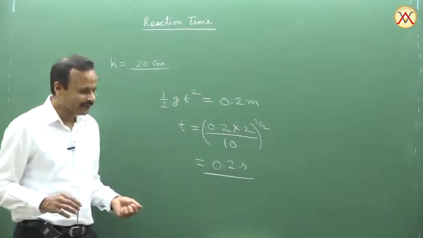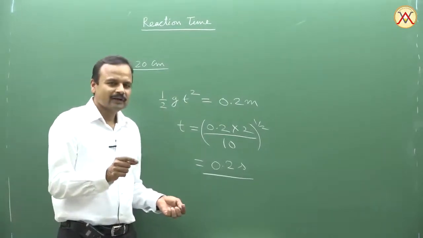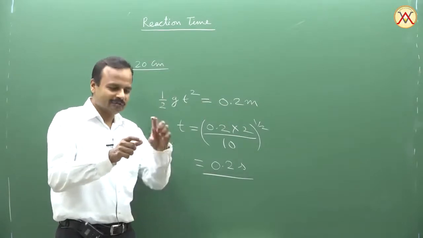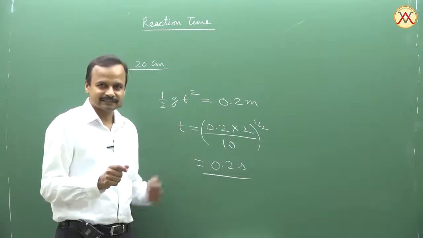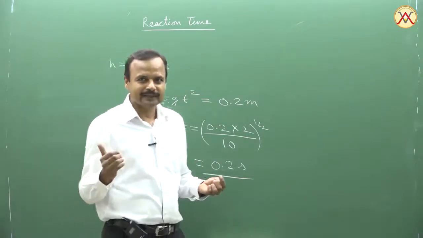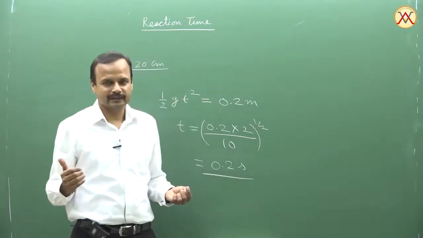In this experiment, the person had to catch the scale, but he could do it only after it had fallen a certain distance, because our body takes some time to respond. Alright.